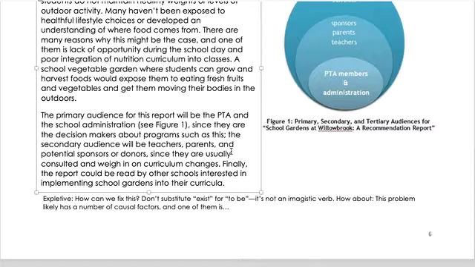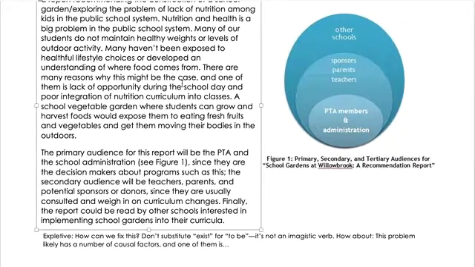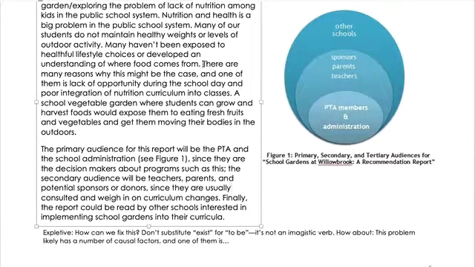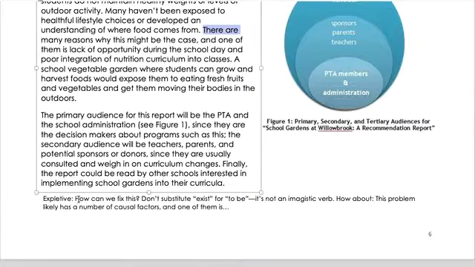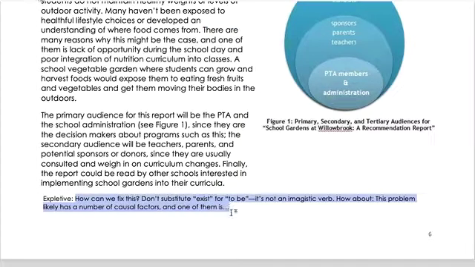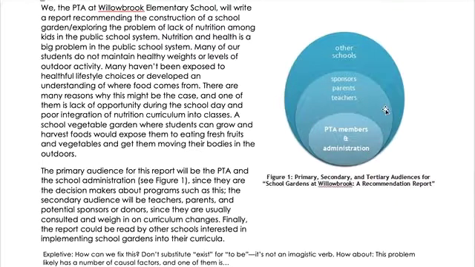Okay, there are a few problems here. There's some passive voice in this paragraph. There's also an expletive here. In the handout, I talk a little bit about that expletive, how you can turn it around, and I give an example. So take a look at that. I also have an example of a graphic. So I want you guys to make some sort of graphic. It does not have to be these concentric circles.